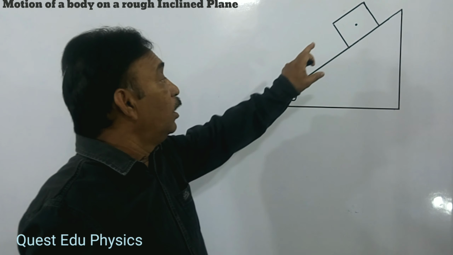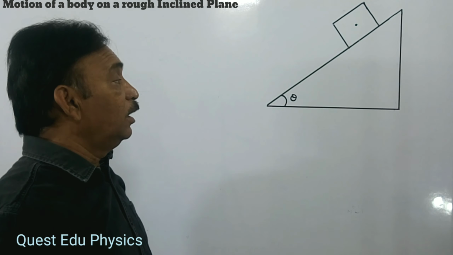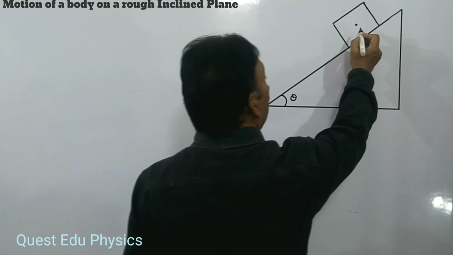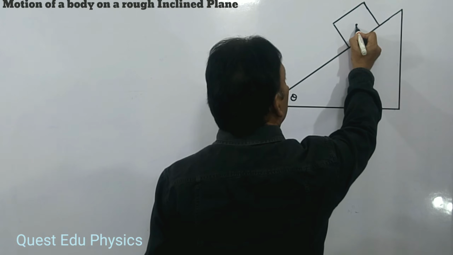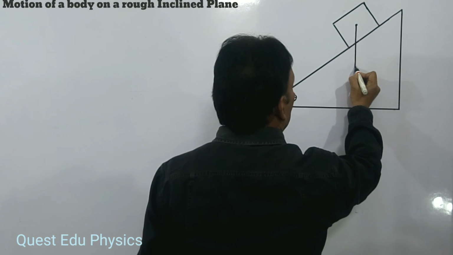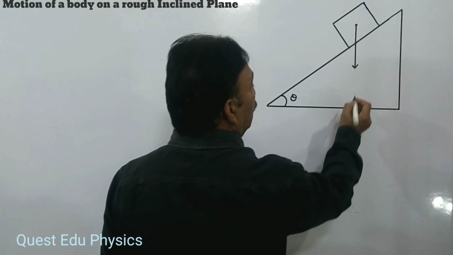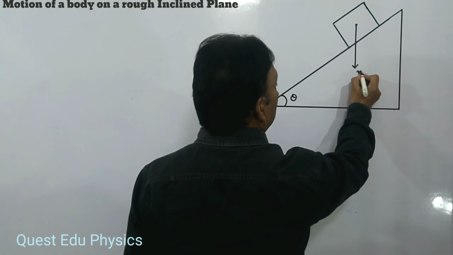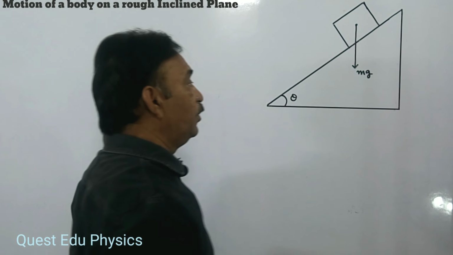We need to make the body move. If you take this body, as you know, the weight of the body always acts vertically downwards. Let's say it is the weight.